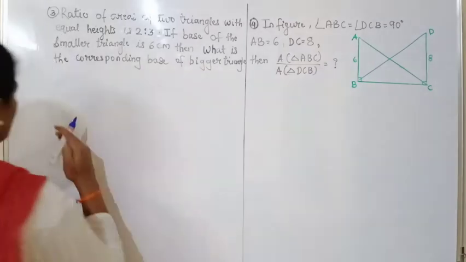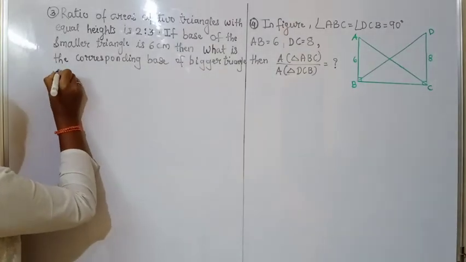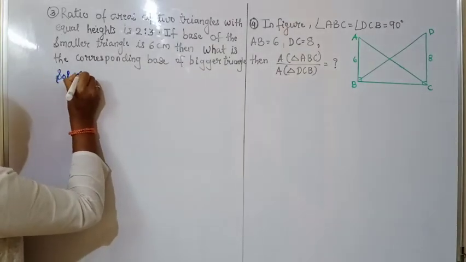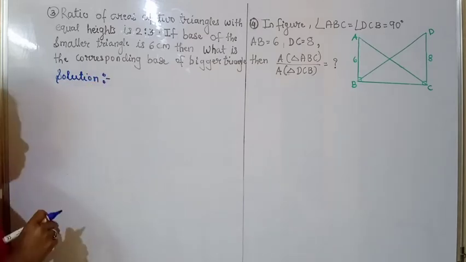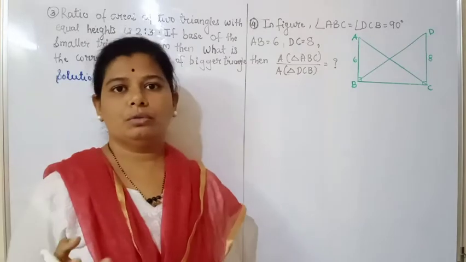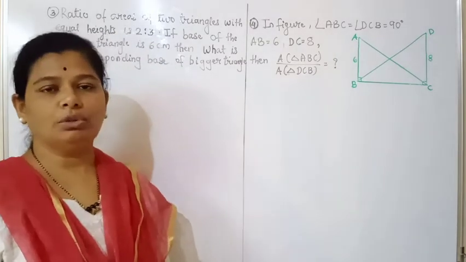So now we'll go towards the solution. The diagram is not given, so there are no names given to the triangles.